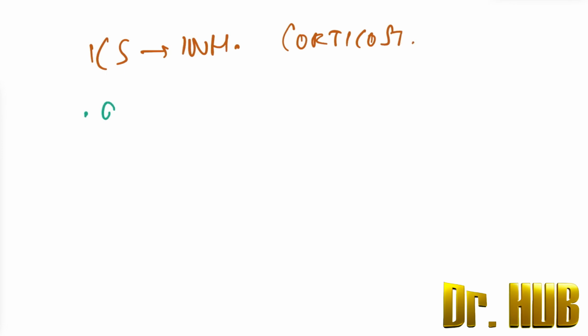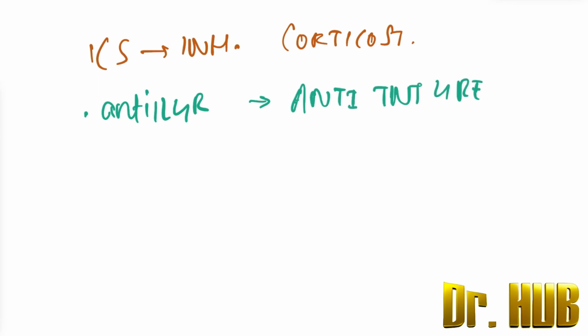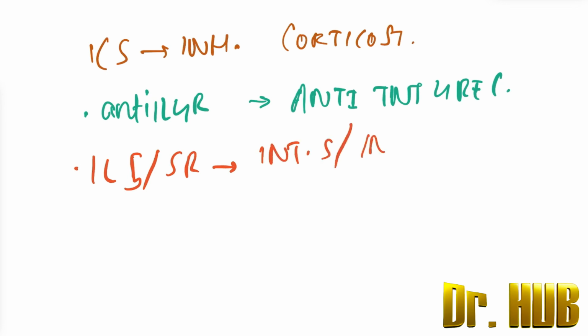Then anti-IL4R, this is anti-interleukin 4 receptor. Then we look at IL5 as well as IL5R. This is nothing but interleukin 5 and the interleukin 5 receptor.